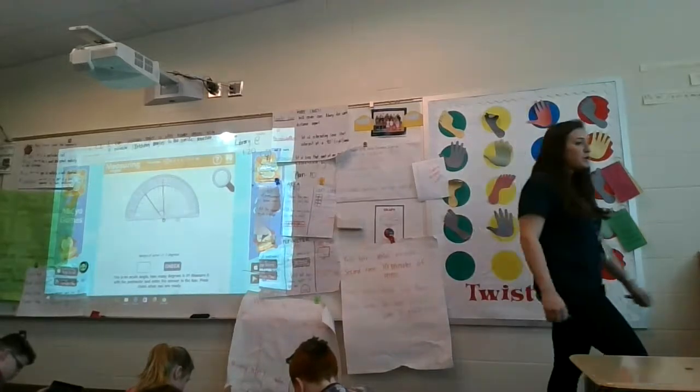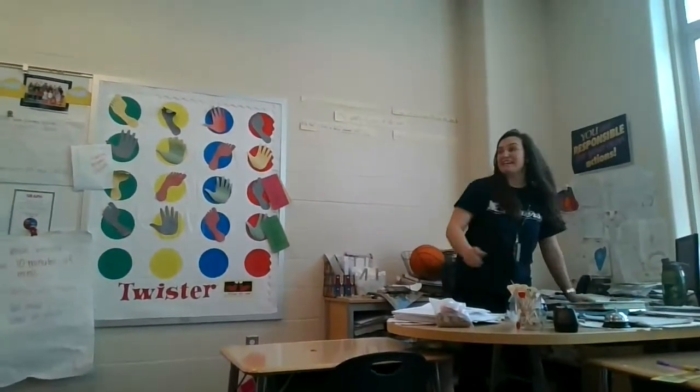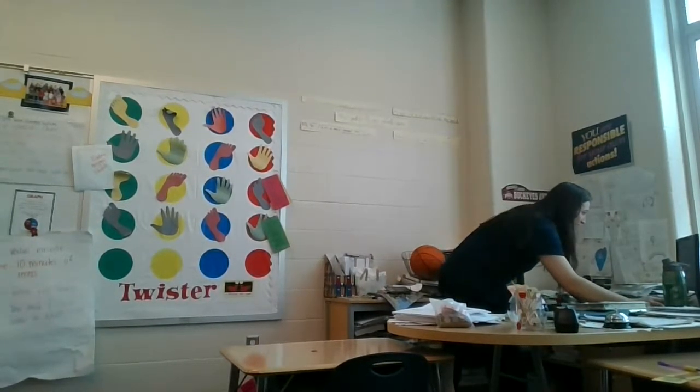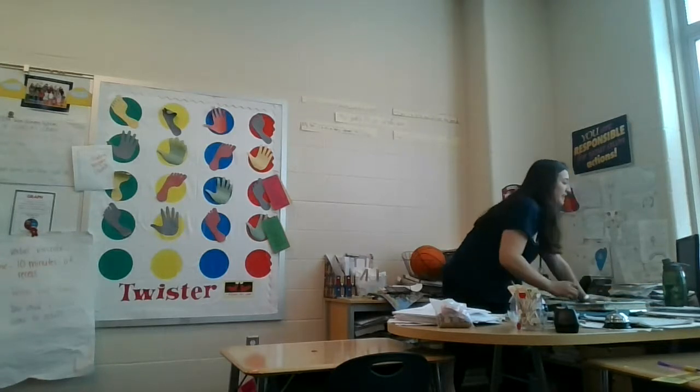We need to move the protractor because we can't move the angle. We are going to move our protractor so that the vertex is in the middle. And the middle is also called the what? The center. Very good. So move our protractor so our vertex meets our center point.